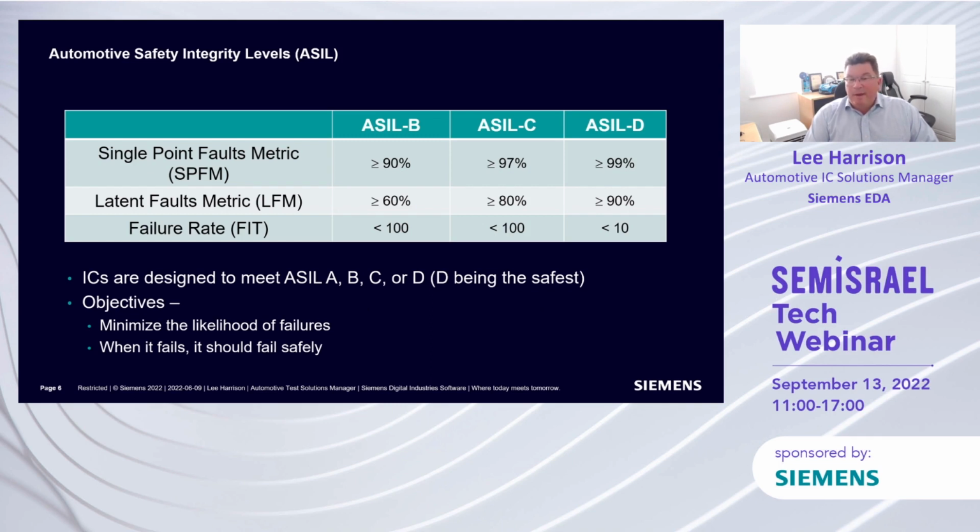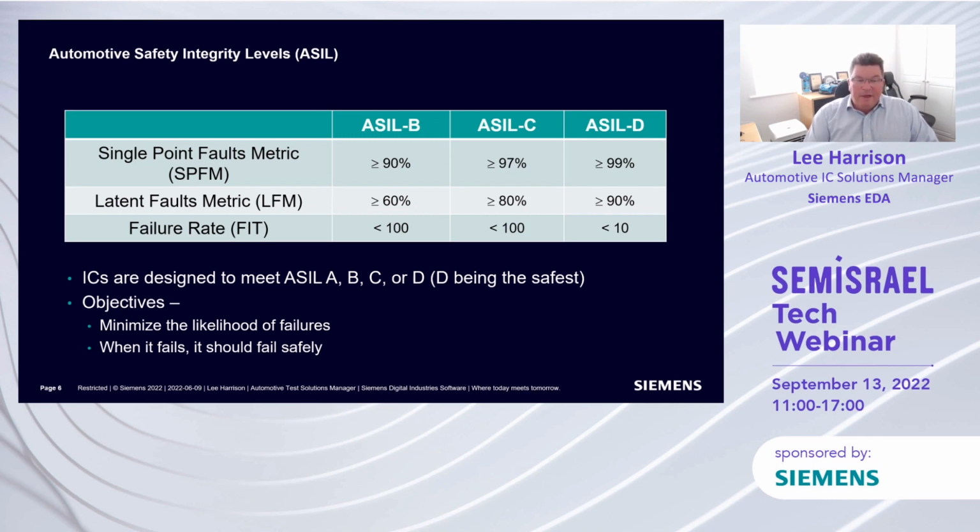And then we go right the way up to ASIL level D, which is really the safety critical application. So anything that could cause the vehicle to brake not as expected, steer not as expected, and anything that is potentially going to cause significant injury or death if it malfunctions.